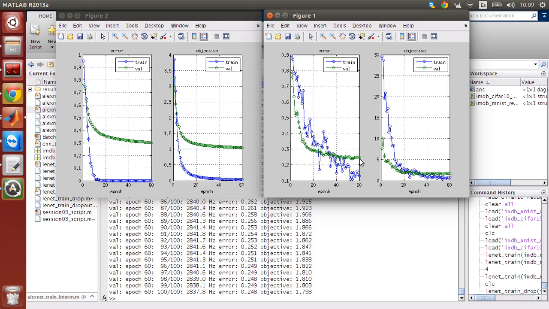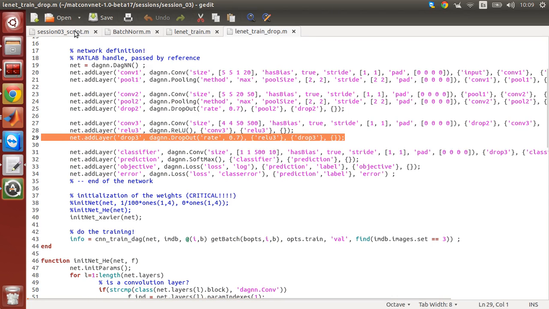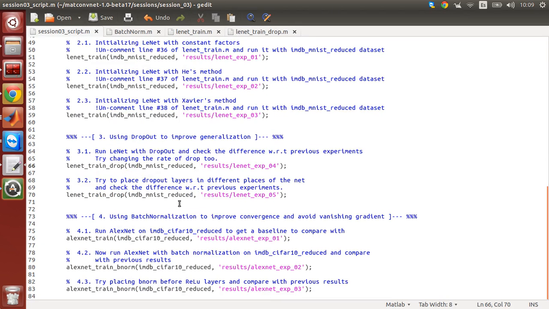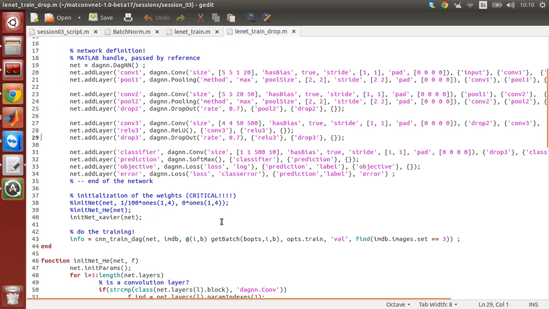And if you keep following the script for this session, you see that now you have the chance to play a little bit with dropout, like trying to put them in different places, changing the rate, what happens if you have just one, or what happens if you have more than two in different places, playing with different rates, what happens if you are more aggressive with the dropout and instead of having 0.5 or 0.7 you have 0.9.